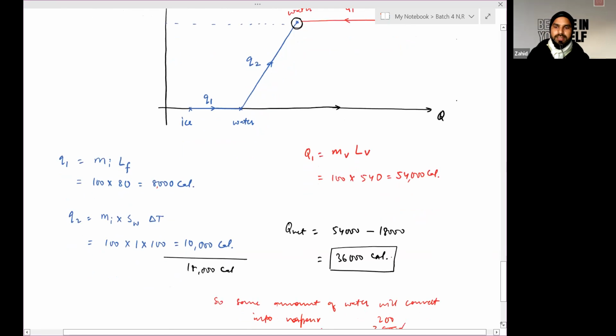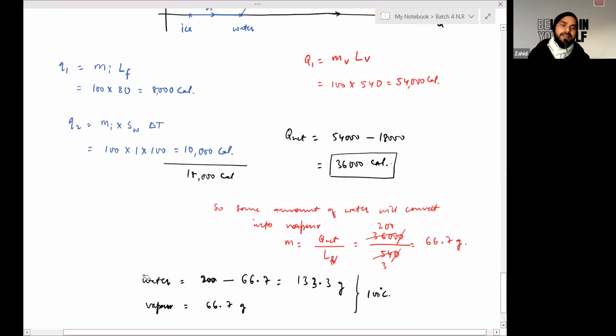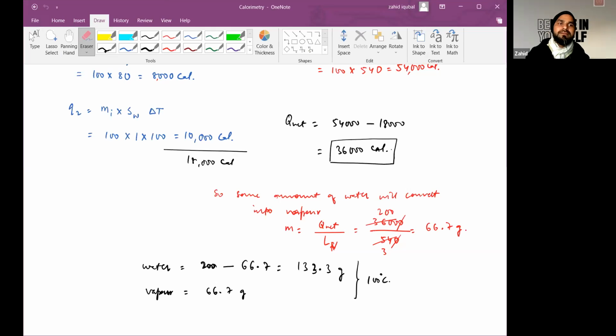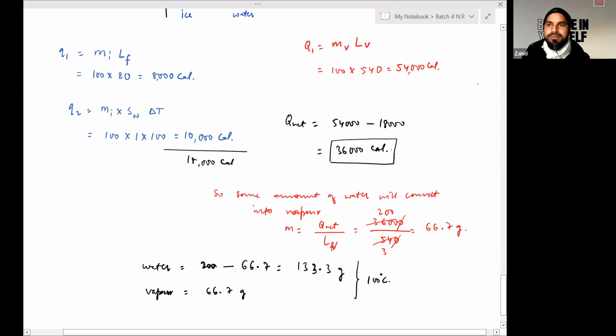So in total, water will be 133.3 gram and vapor will be 66.7 gram and resulting temperature will be at 100 degrees Celsius. Is it clear? Yes, sir. Okay, just write it down.